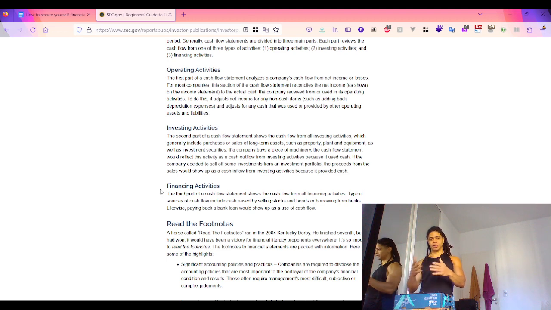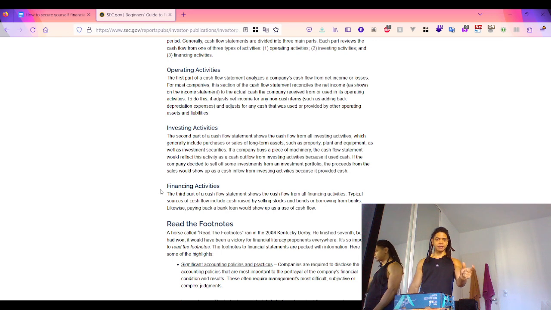What it does is analyze the net income from the income statement, and it reconciles it with the total amount of cash that was used or received from operating activities. The most common operating activities involve operating assets and operating liabilities.